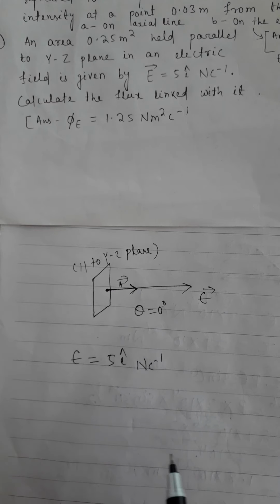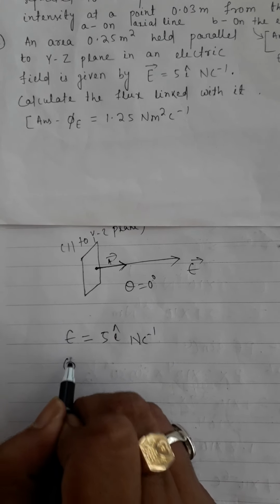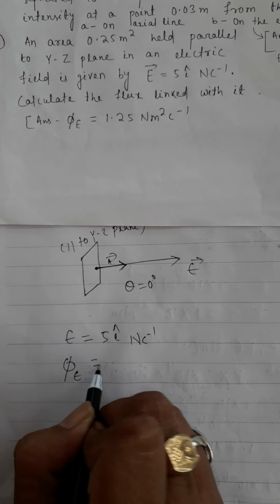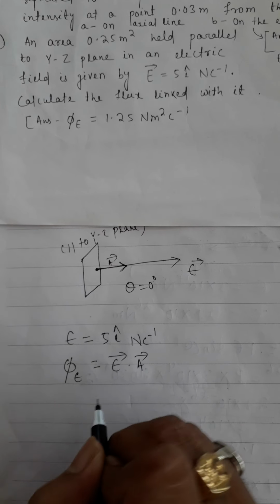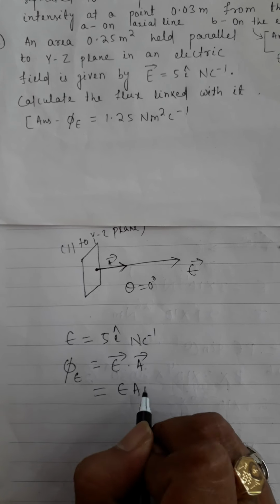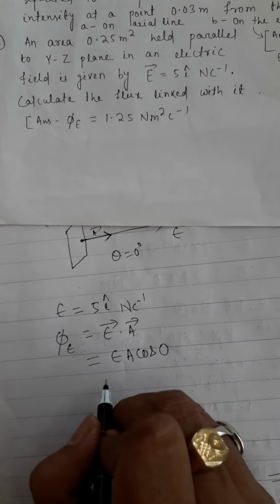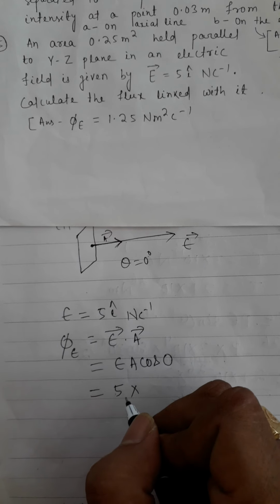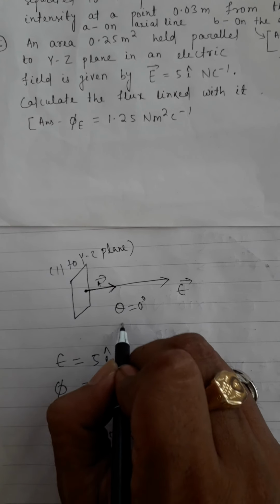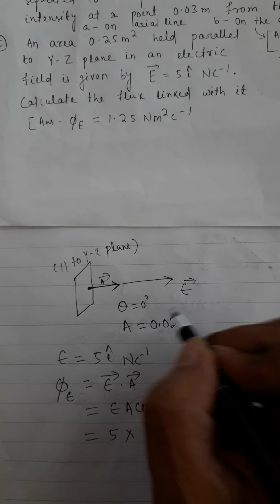Electric field makes an angle 0 degree with this area vector, and we have to calculate flux phi E. So phi E is equal to E vector dot A vector, that is EA cos theta, and theta is here 0, and E is given to us 5 into area, that is 0.25 meter square.